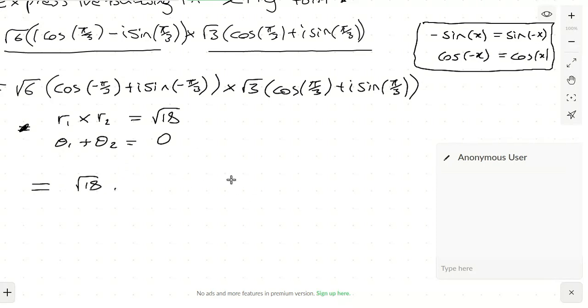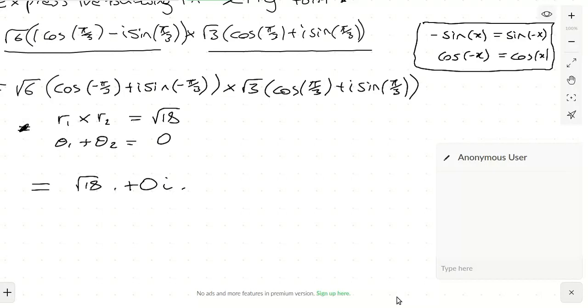In x plus iy form, that is simply root 18, or if you like, plus 0i. You can work that out and see if your answer is correct. I believe your calculator has a complex number function. Try it and see if you can get the hang of that as well, because that will be really, really handy.